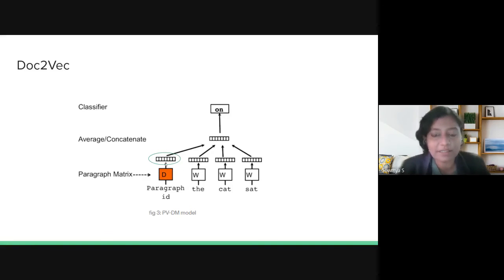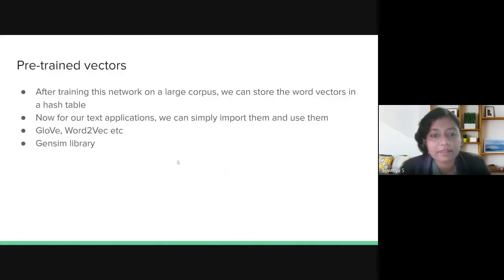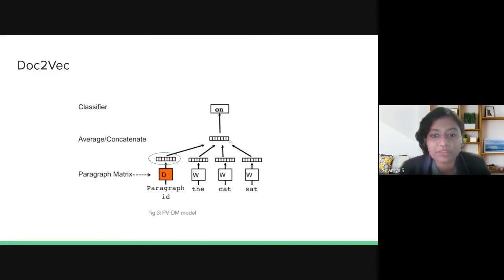We have the same task, where we predict the next word that has to come. So the cat sat and then on. Instead of the center context which we had in Word2Vec, in Doc2Vec we are trying to predict the next word. Because of this, we have a concatenation here, and this simple addition of an extra vector gets us a very unique representation for the document.